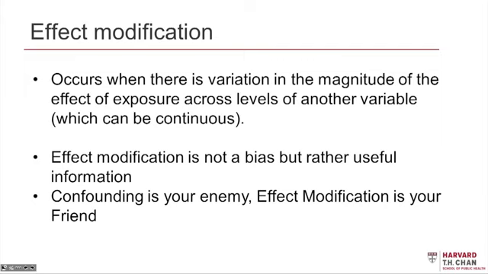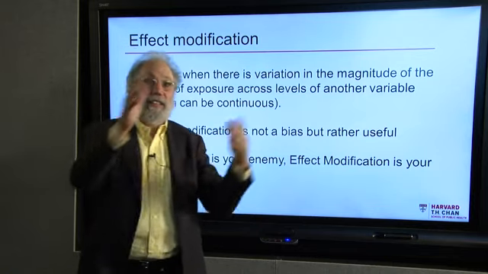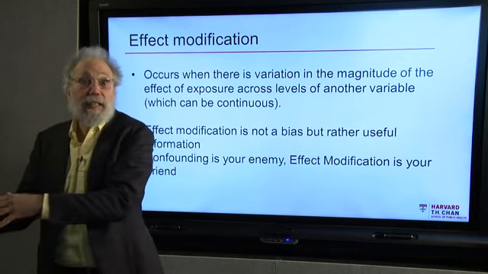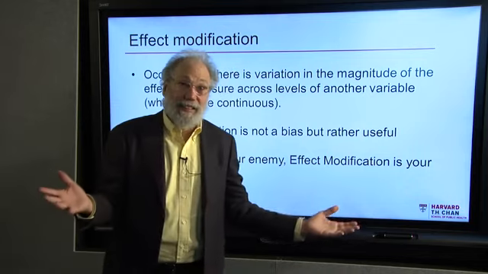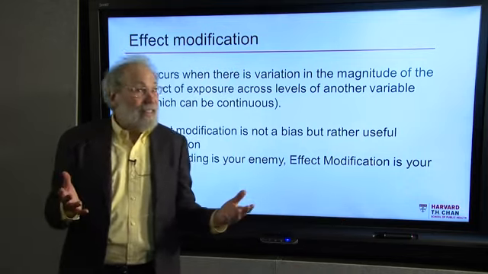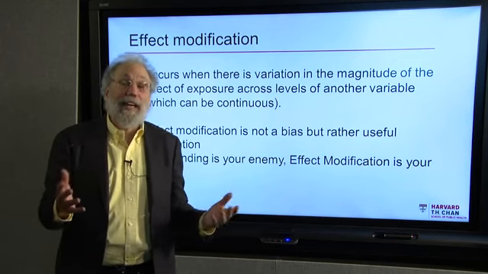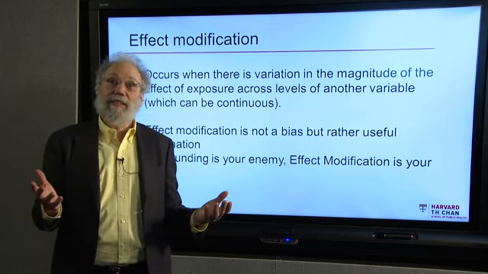So to start with, remember that effect modification describes a scenario where the effect of your exposure, the magnitude of that effect, is different between, for example, men and women, between children and the elderly, etc. And it is not a bias. It doesn't mean that something's wrong.